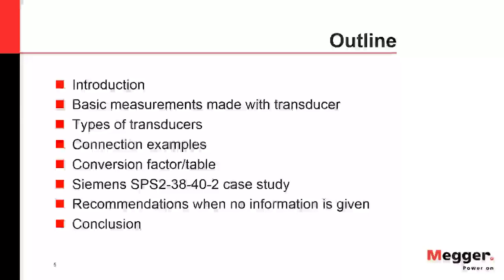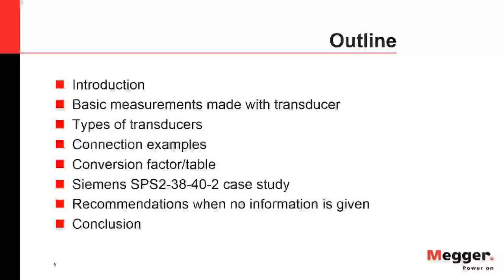I'll talk briefly about why the transducer is important, why you should be making travel measurements, and then we'll focus on the types of transducers. I'll go through a bunch of different connection examples. I'll talk about your conversion factor, conversion table, like your transfer function.